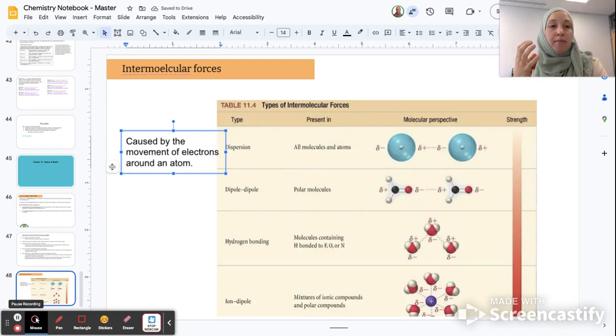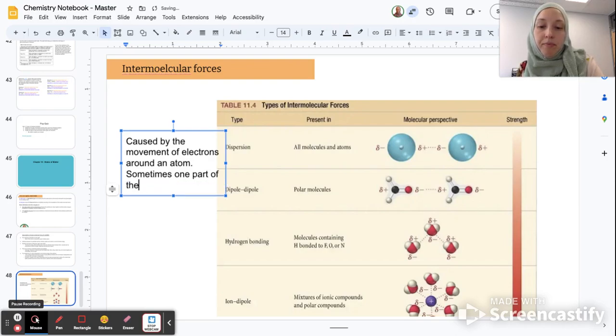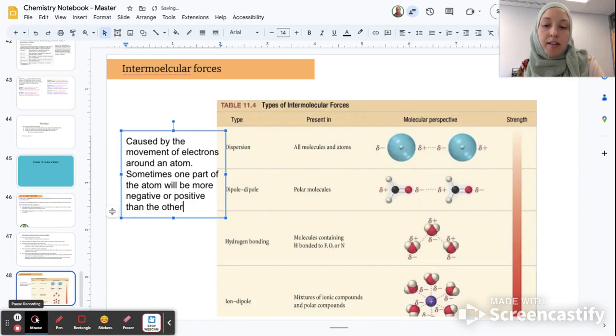Sometimes one side of the atom will be slightly more negative than the other, so one part of the atom will be more negative or positive than the other side. When these negative or positive sides come near each other, they're going to attract each other. So this is dispersion.